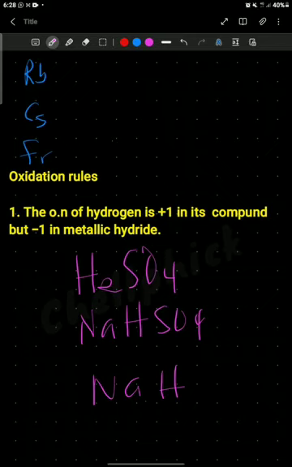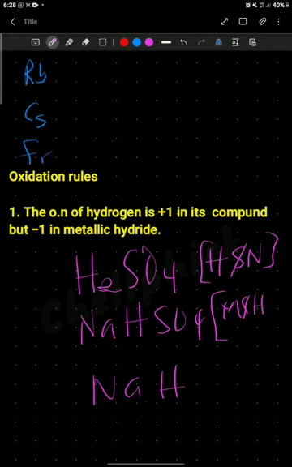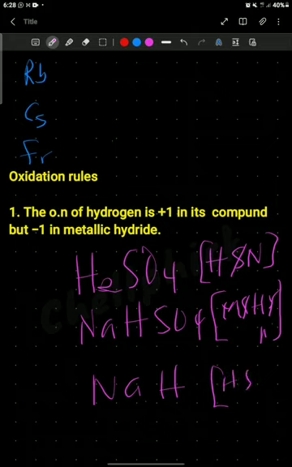Yeah, these are 3 types of compound. This one contains hydrogen and non-metals. This one contains metal, hydrogen, and non-metal. This one contains hydrogen and metal.